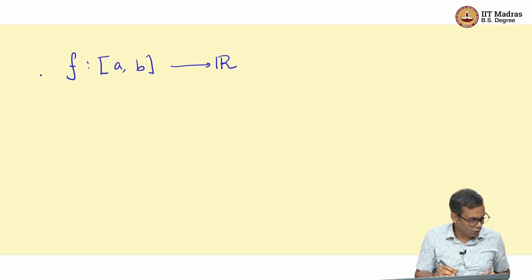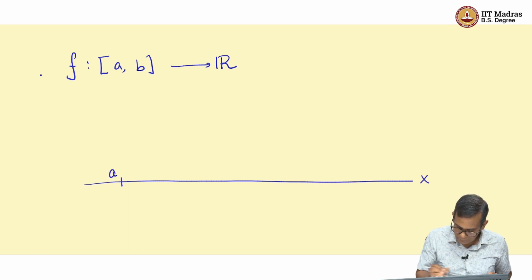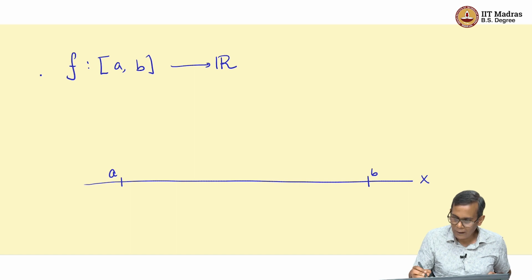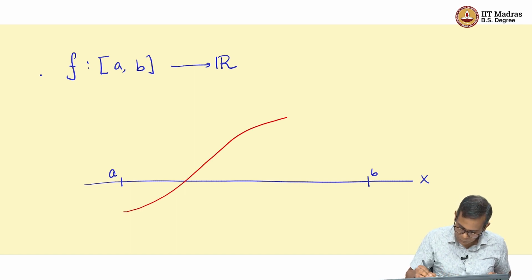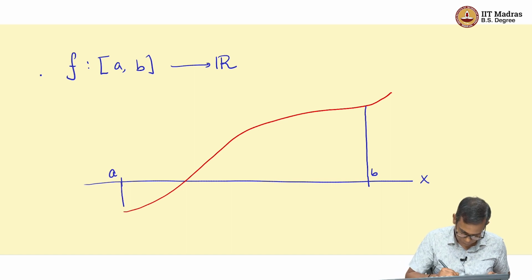Let me just draw a figure. This is the x-axis, and here's a, here's b, and my function is given by a graph, something like this, and my objective is to compute the area under the graph.